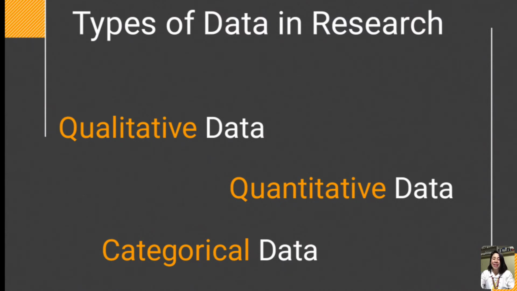We also have quantitative data. Any data expressed in numbers or numerical figures is called quantitative data. This type of data can be distinguished into categories, grouped, measured, calculated, or ranked.